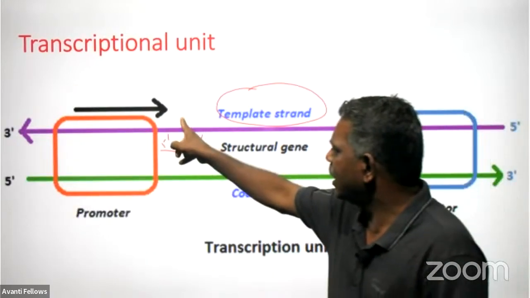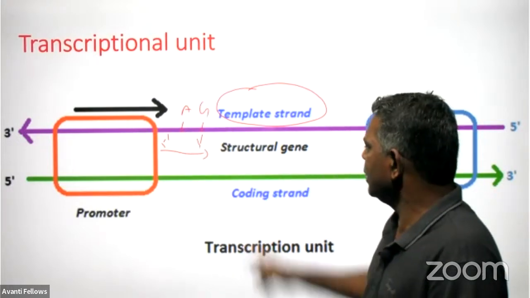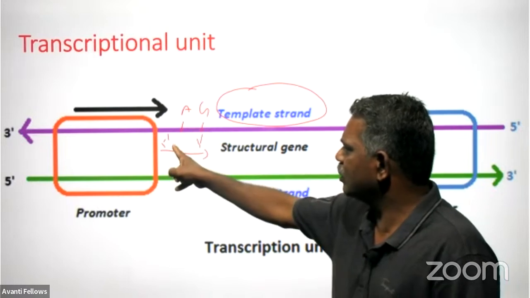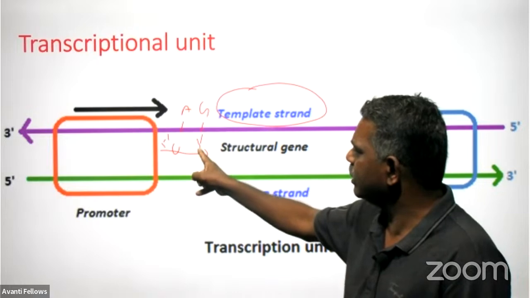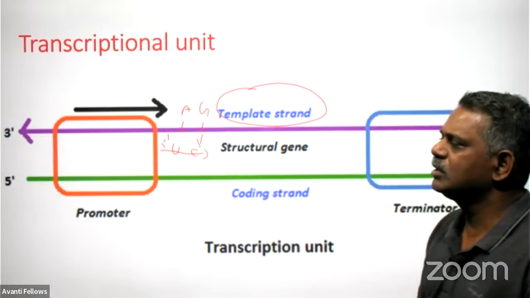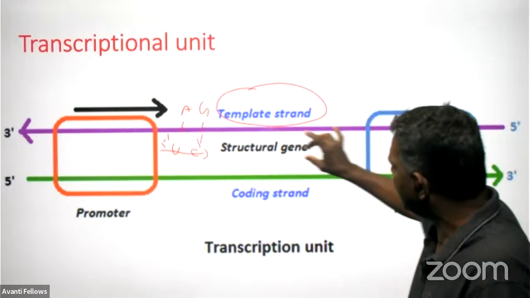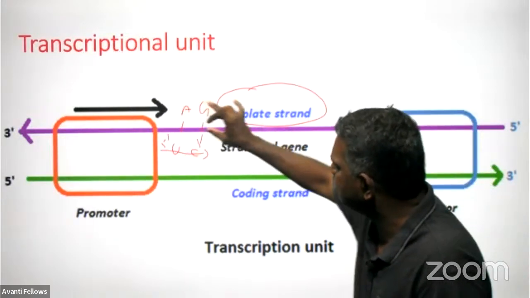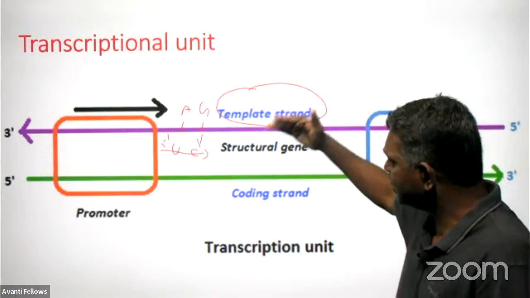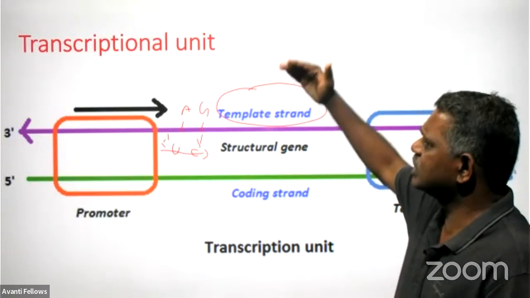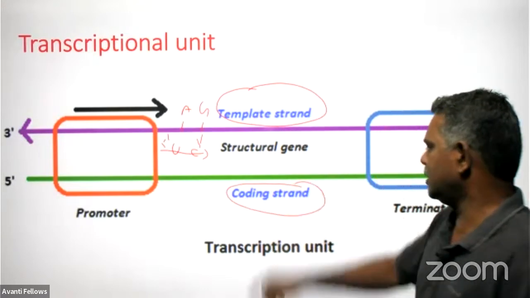Suppose here adenine is there, or suppose here guanine is there. In case of RNA, here uracil will be there, because thymine is not there, and here guanine, so naturally cytosine will be there. So the nitrogenous base sequence in this RNA depends on the nitrogenous base sequence present in the template strand only. And the other strand of this transcriptional unit of the DNA is called the coding strand.